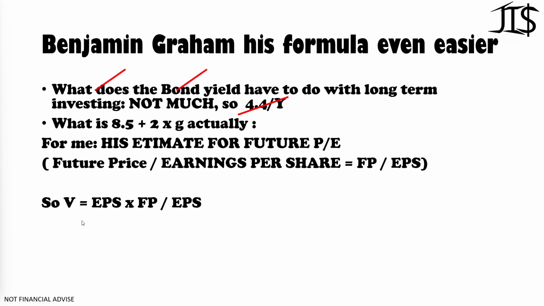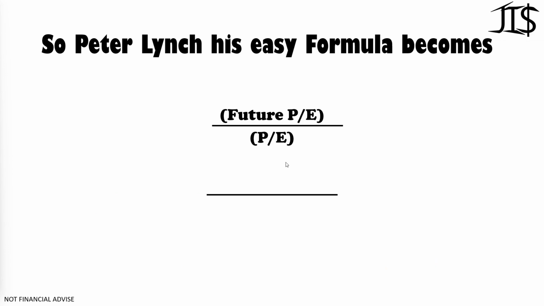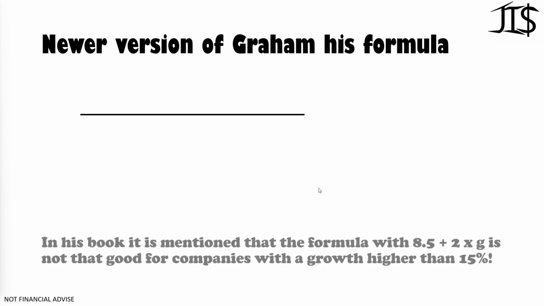So his valuation is actually, with these two dissolving each other, you have the value is equal to the future price. So the formula for the future PE from Graham is then actually 8.5 plus 2 times G. So Peter Lynch, his formula becomes then future PE changes to 8.5 plus 2 times G.